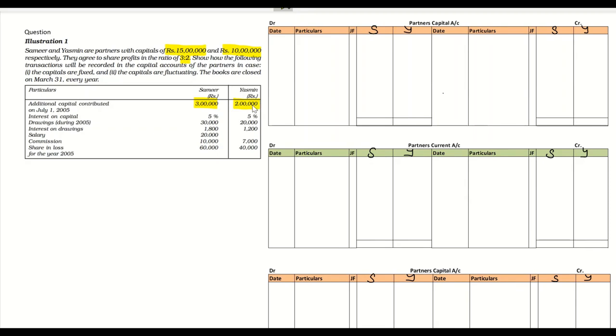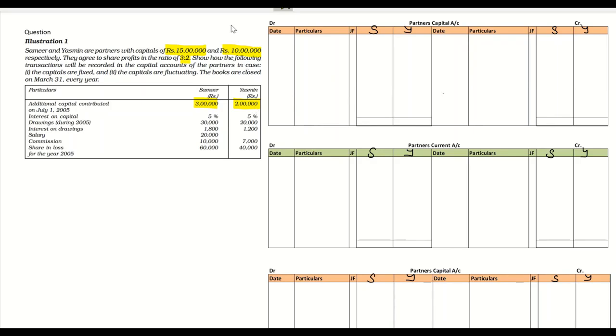When we are following the fixed capital account, we need to record only the capital incoming and outgoing in the partners' capital account. The rest of the transactions like interest on capital, drawings, interest on drawings, salary, commission, etc. will form part of the partners' current account.